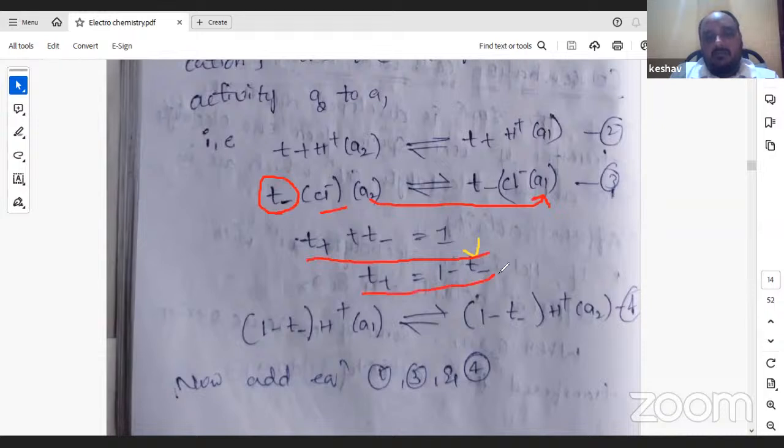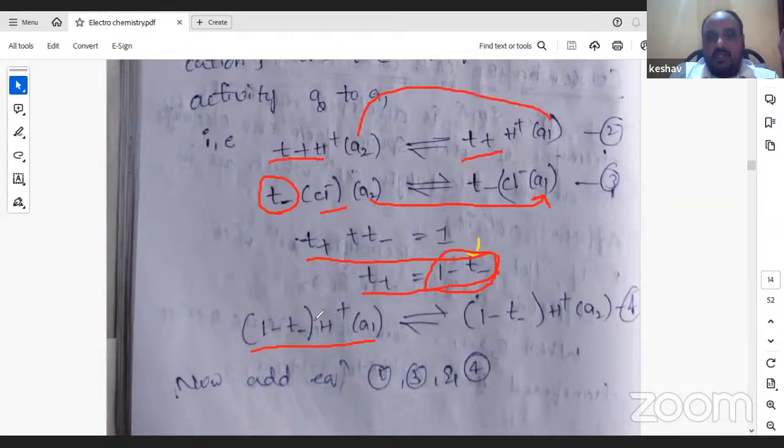Therefore, T+ = 1 - T-. T+ means positive ion transport number, which should be expressed with the negative ion transport number, right? So that becomes 1 - T- of H+ of A1. Actually, H+ ions are transferred from A2 to A1, which is represented with the T+ transport number.